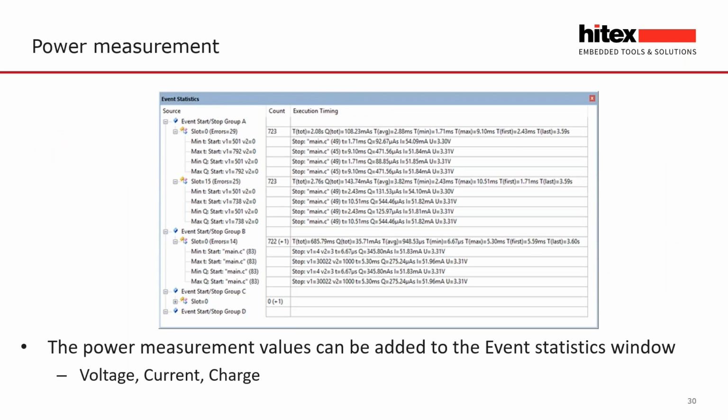So where we're using the event recorder to gain runtime information, we can also see the energy usage between different events in our code as well. So we can go down and start to look at different regions, different functions in our code, and see how efficiently those are running, and if possible, optimize them.